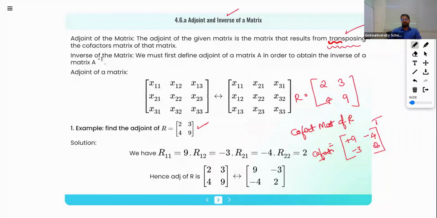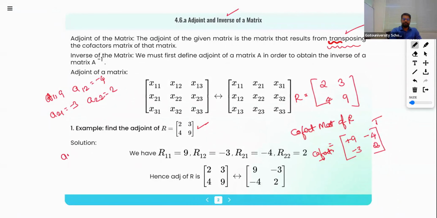Transpose is nothing but what? Go back to the matrix part. Transpose is interchanging the rows and columns. So that means if we have A11 of this matrix as 9, A12 is minus 4, A21 is minus 3, and A22 is 2.